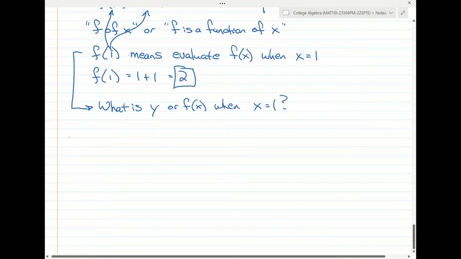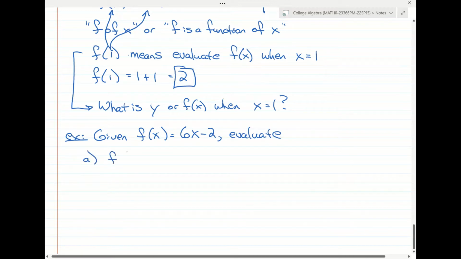I have 4 examples here. Let's say given f of x is equal to 6x minus 2. Evaluate 2 things. Let's evaluate f of negative 3 and f of 0.